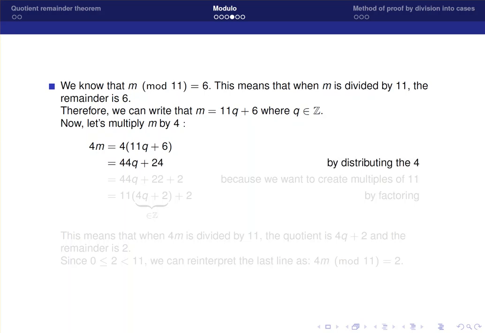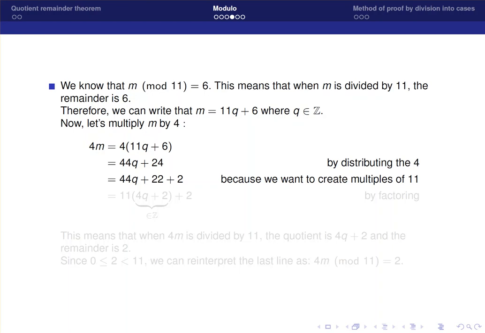Then I can distribute the 4 over. 4 times 11 is 44. 4 times 6 is 24. But I would like to write it in such a way where I have multiples of 11. That's because eventually I want to divide by 11. And if I have multiples of 11, I can ignore them because divided by 11 they will have a remainder of 0. So in other terms, what I want to do is break down the 24 into 22 plus 2.